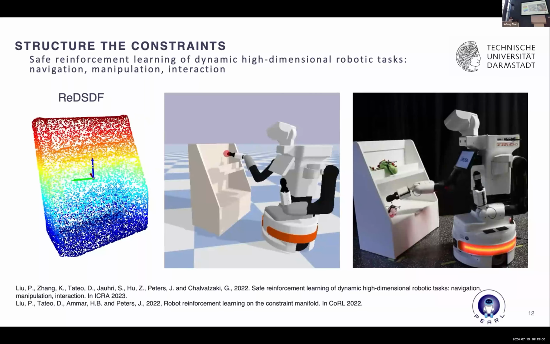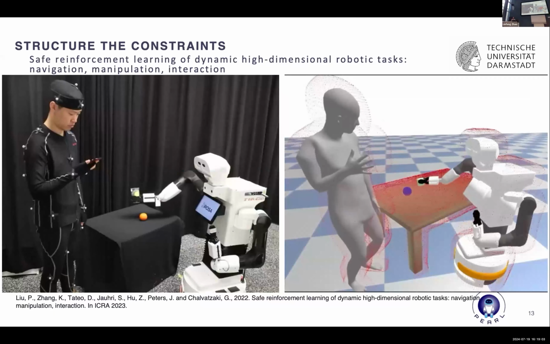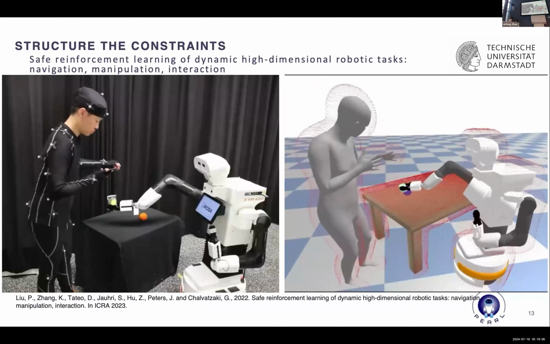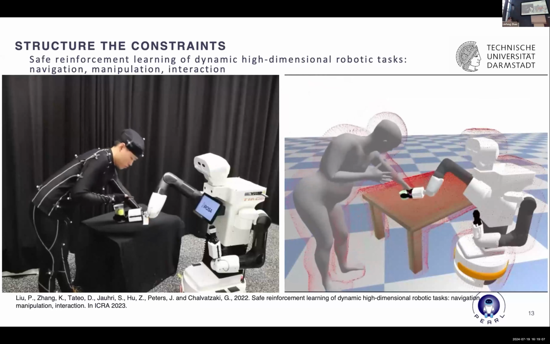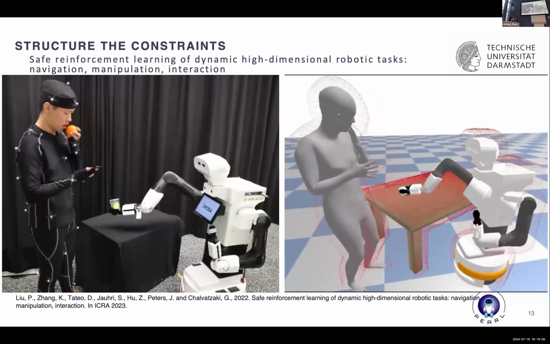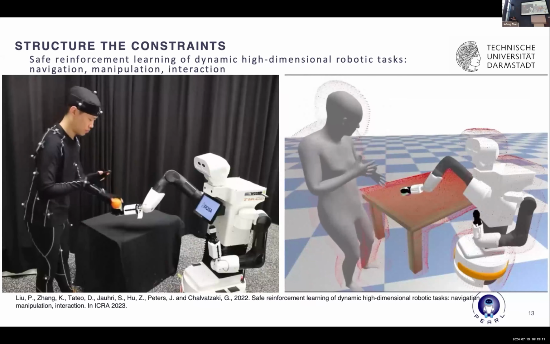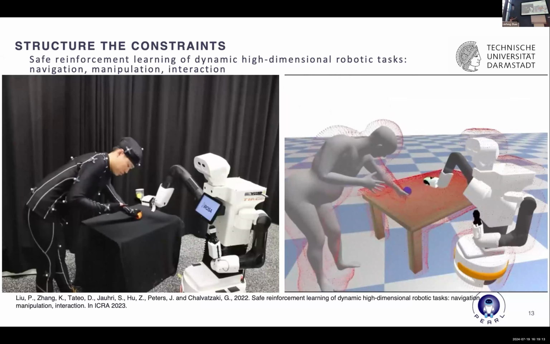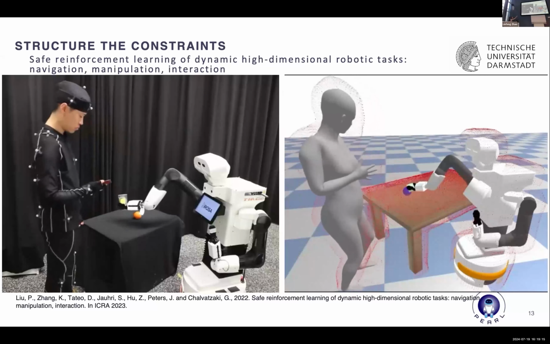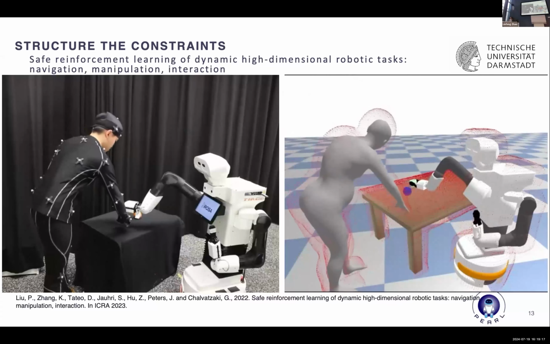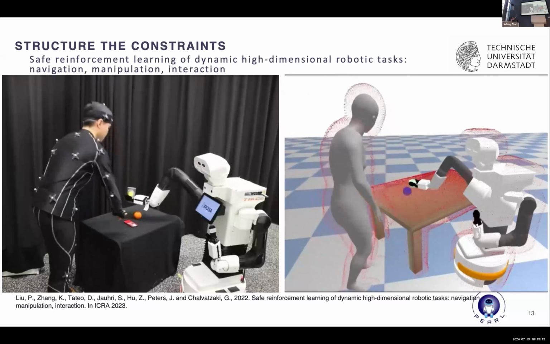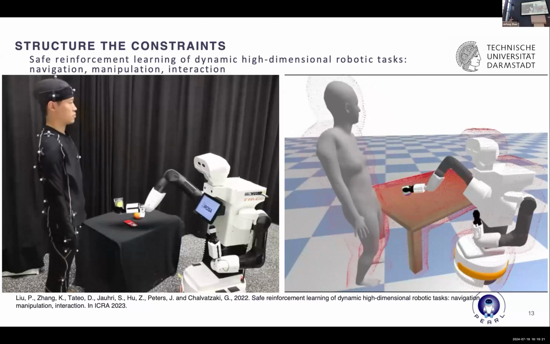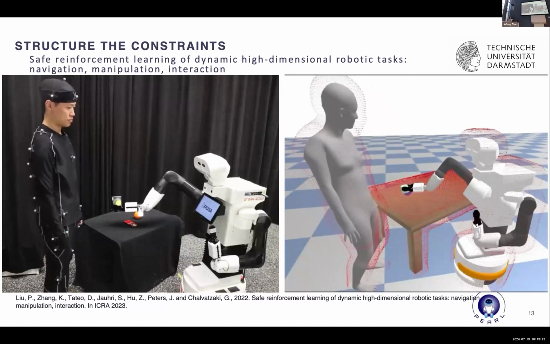But more interestingly, we can also learn more complicated tasks, like in this human-robot interaction scenario, where our robot has to deliver this cap upwards. So you have the constraints to avoid the obstacles in the environment, to avoid self-collisions, of course, keep your cap upward, but also avoid the human that continuously acts on the environment without caring about what the robot does.